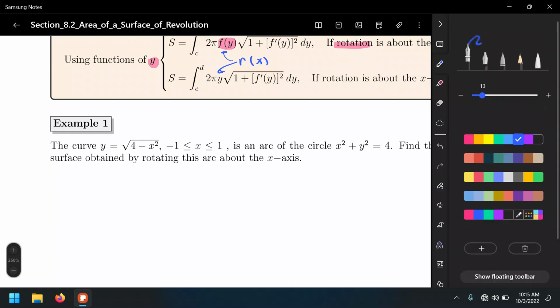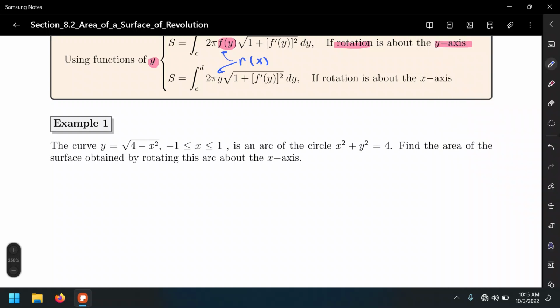The radius is 4. Close. Well, the radius squared is 4. Recall that this quantity represents r squared, so what would be the radius then? So it's a circle of radius 2, but in this case we just want to find the surface area between -1 and 1, so we don't want the whole circle, in this case it's the upper semicircle.